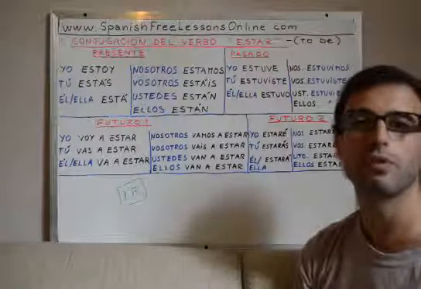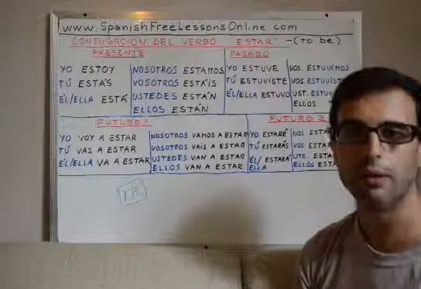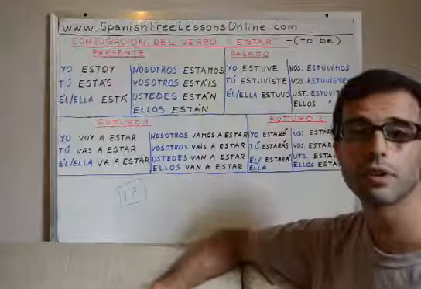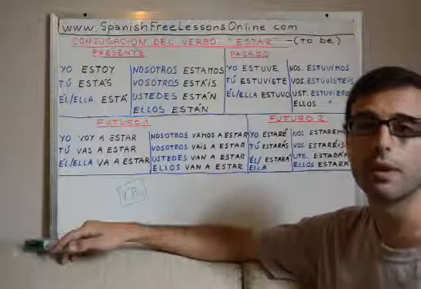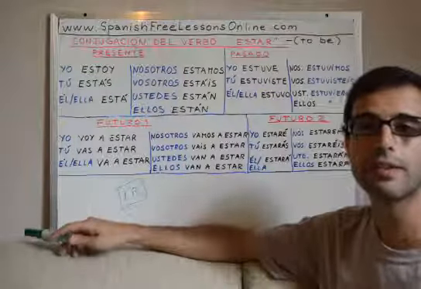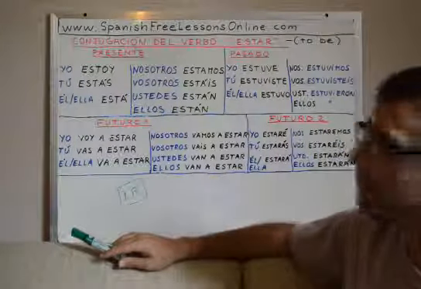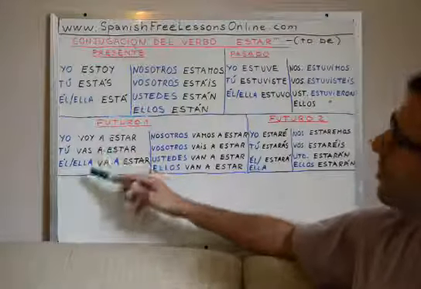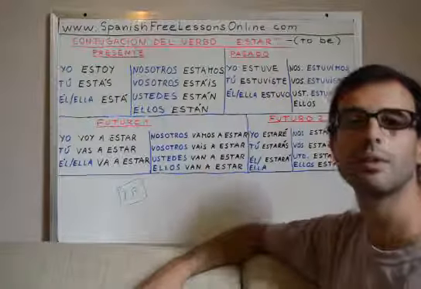So instead of confusing you with more verbal tenses right now, I will just focus on present, simple past, and future, okay? So this is the end of this lesson, and next time I will show you some examples where we can use some of these tenses in some sentences, okay? So I see you next time.